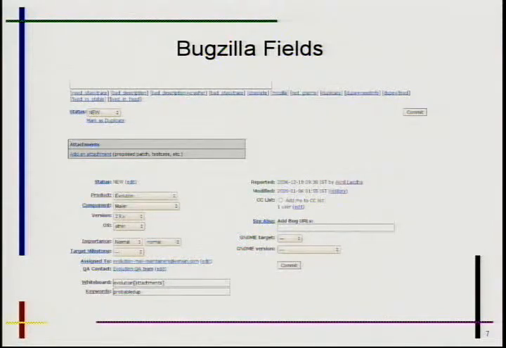GNOME target. So GNOME target shouldn't be modified by any bug triager, any GNOME user, or the bug reporter. It's basically for the release team.